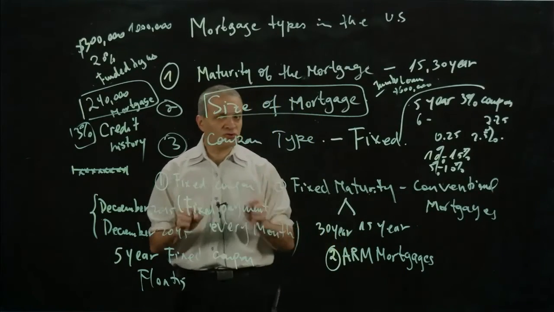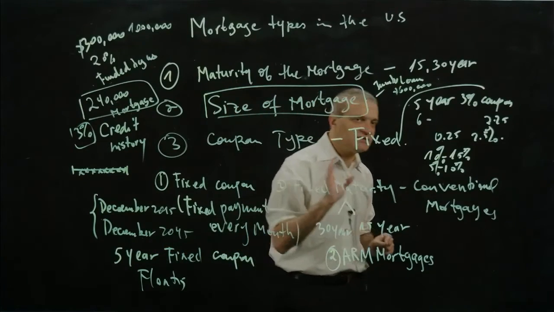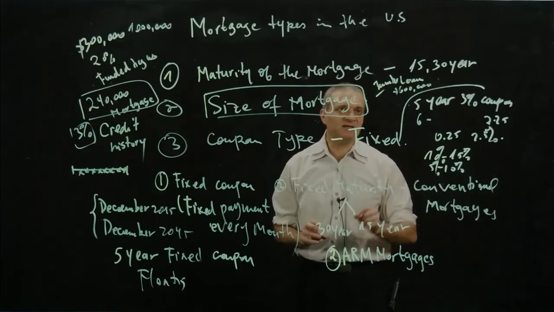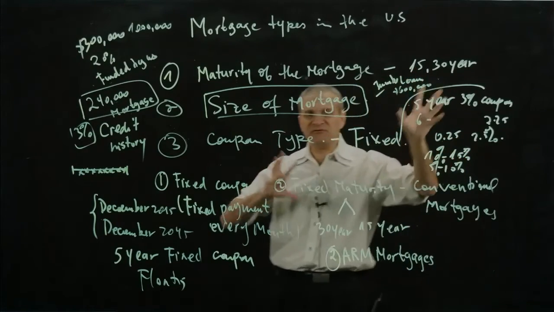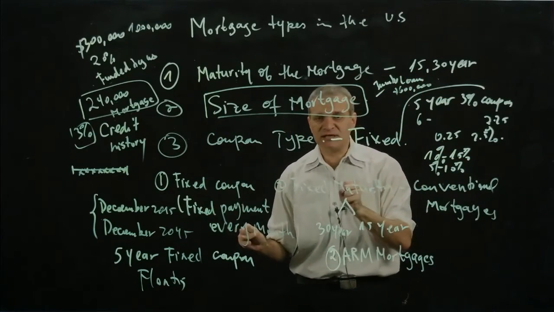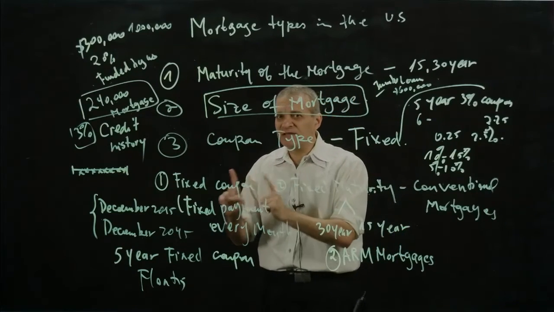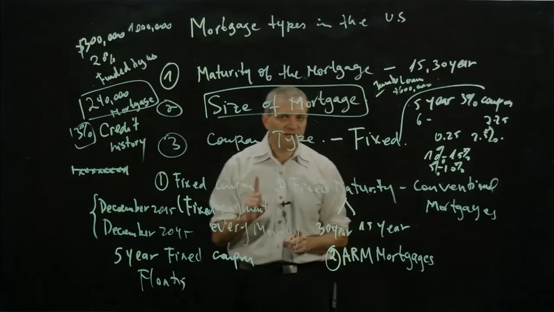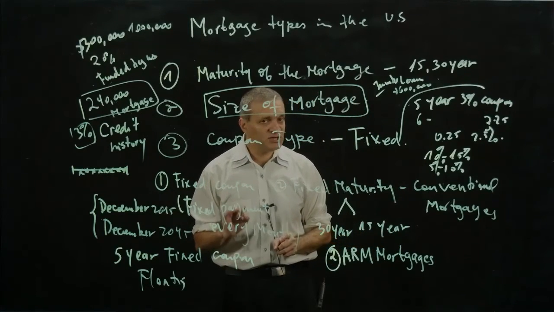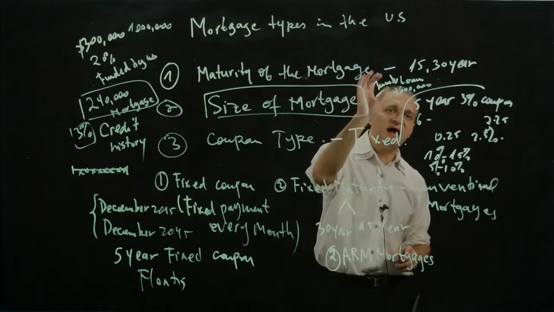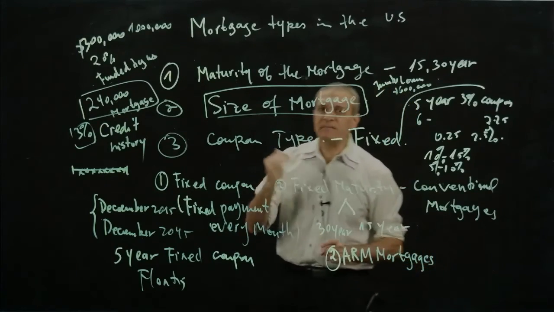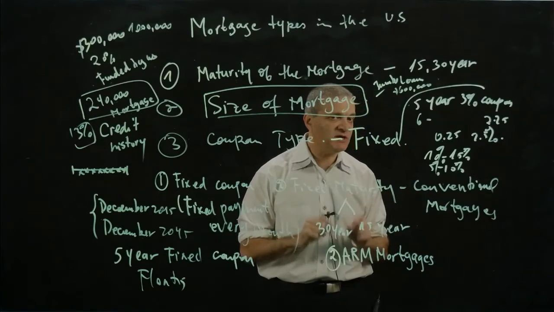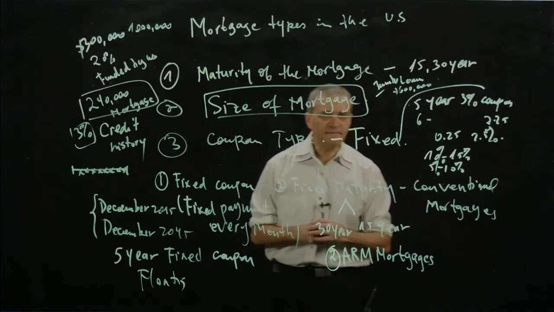Jumbo loans are somewhat riskier. So some of them are securitized, but some of them are retained on the bank balance sheet, and that's where the issue lies. Because if they are retained on the bank balance sheet, it means that the bank is going to scrutinize them much more closely.